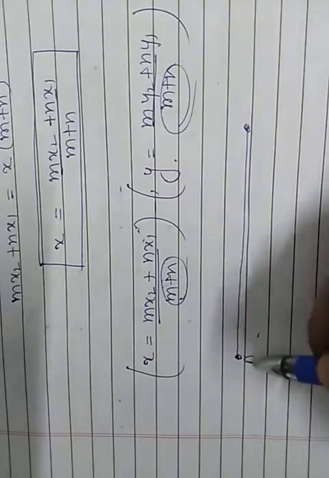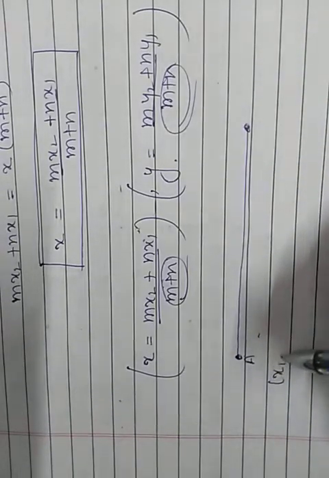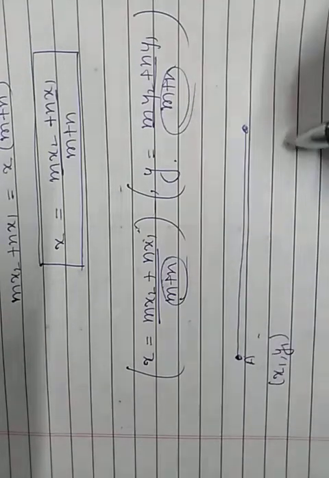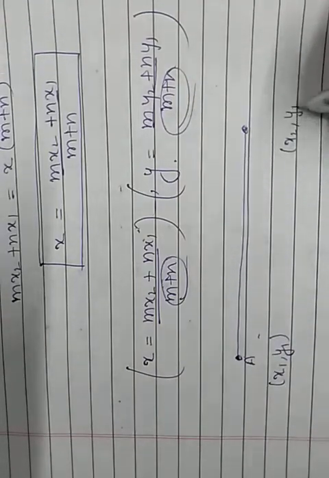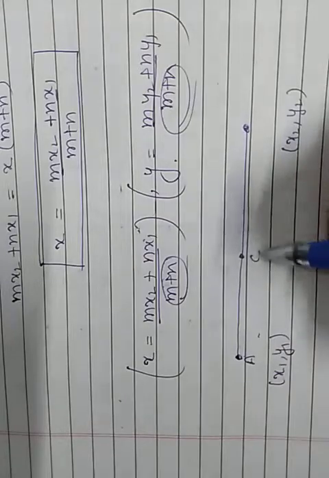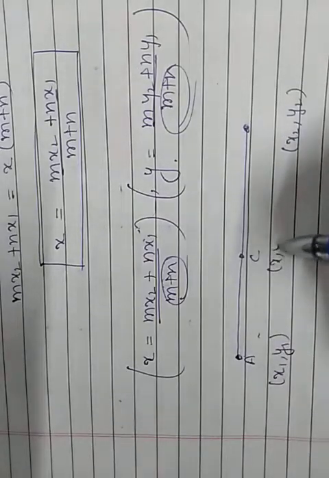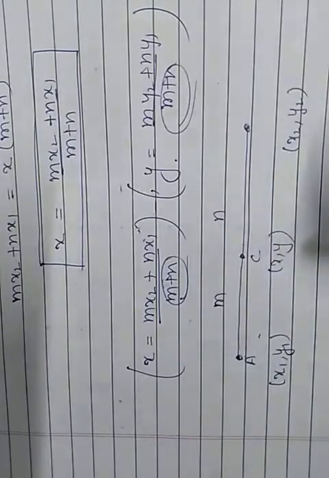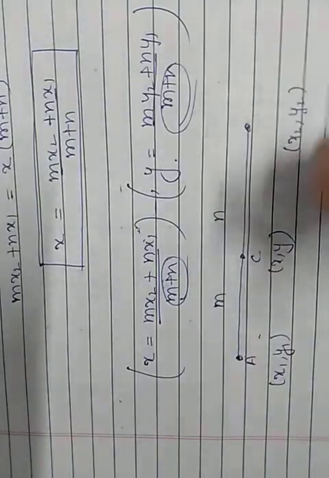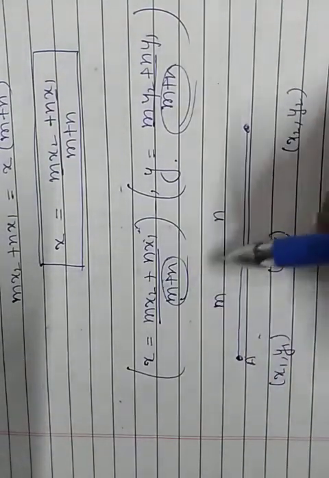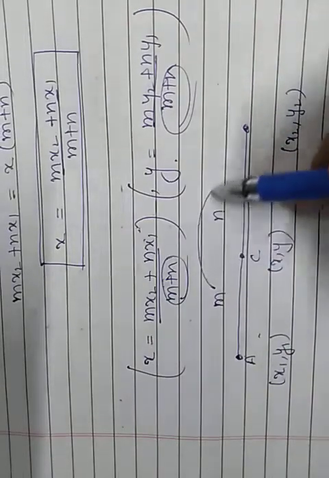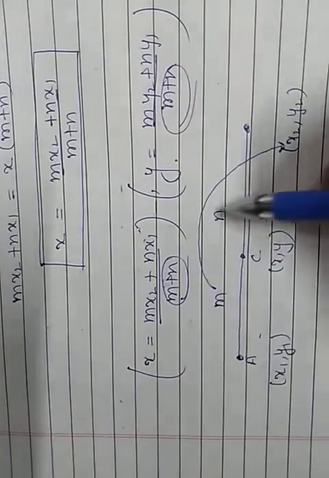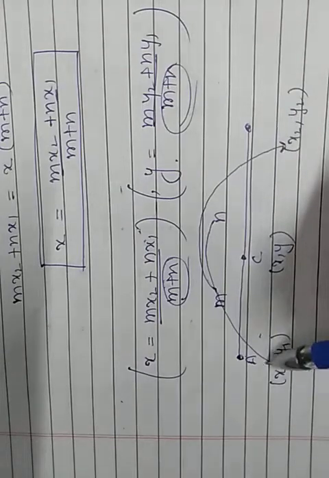So this is point A with coordinates x1, y1, and this is B with x2, y2, and let this be point C with coordinates x and y, and the ratio is m to n. Now for getting the x coordinate, I will multiply this m to x2 and n to x1.